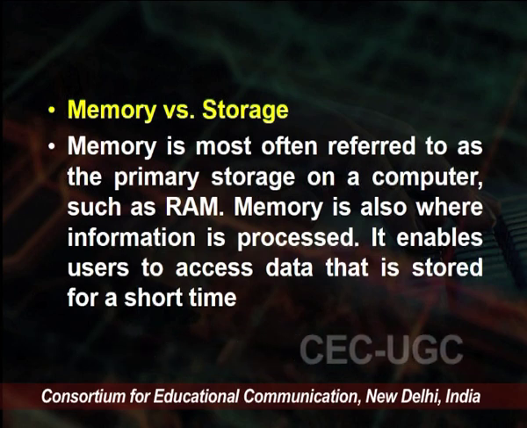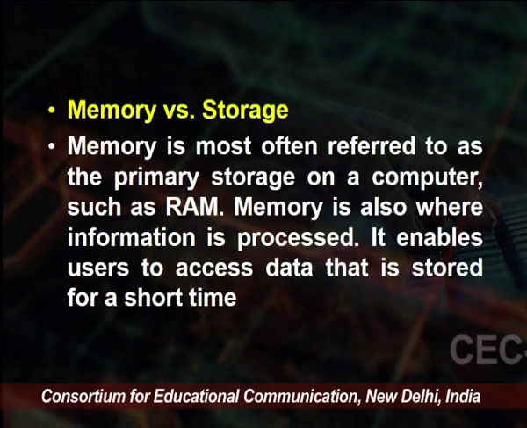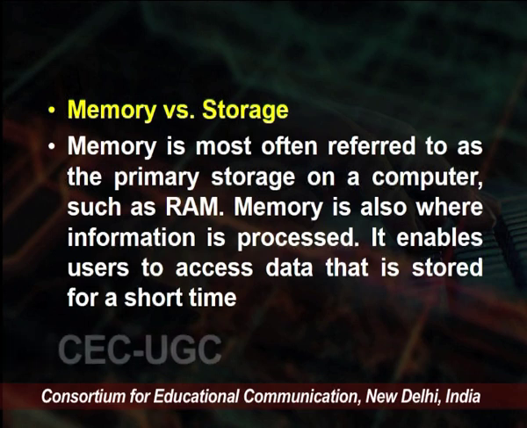Memory is also where the information is processed, and it enables users to access data that is stored for a shorter time. The data is only stored for a short time because primary memory is volatile, meaning it isn't retained when the computer is turned off.